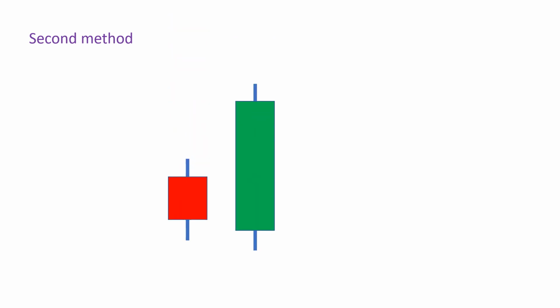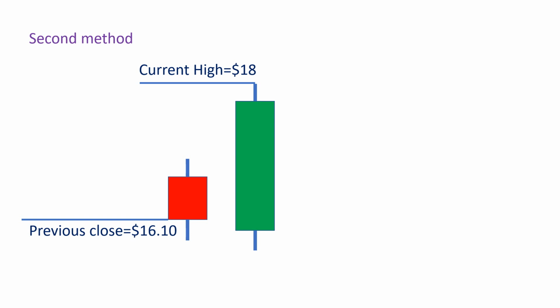The second method to calculate true range value. Let's assume these are the first two candles, and this is the current high, which is $18, and this is the previous close, which is $16.10 for this candle.